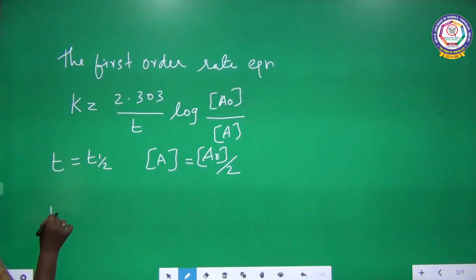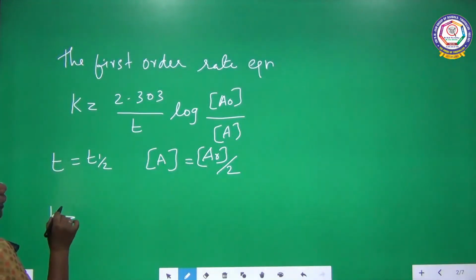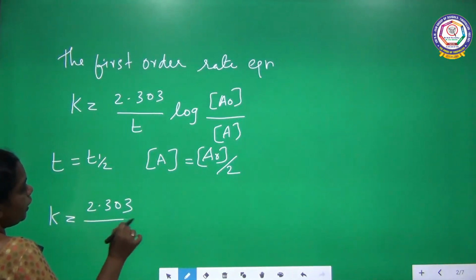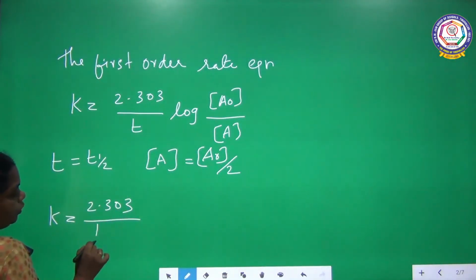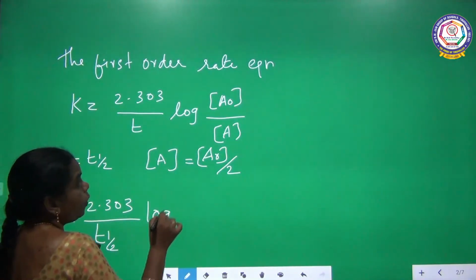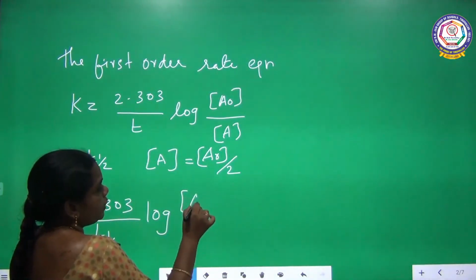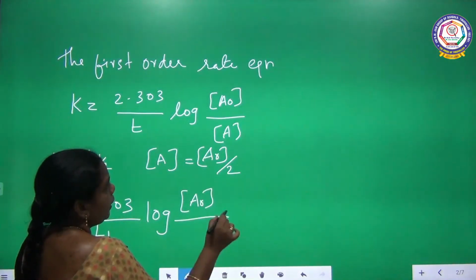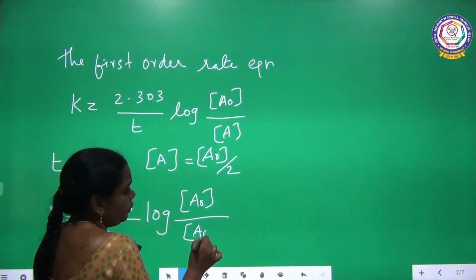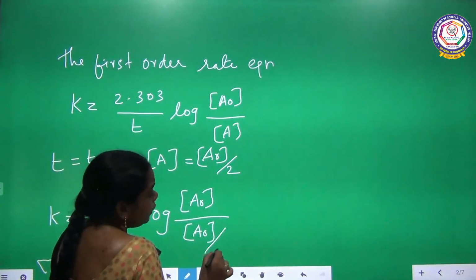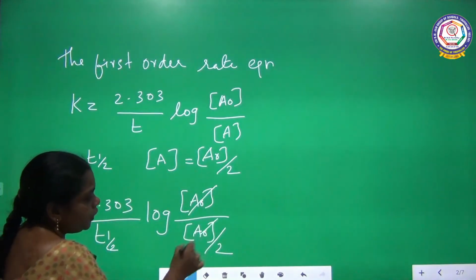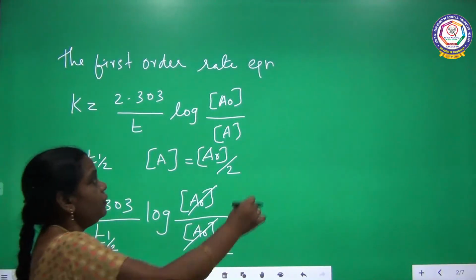Now, we are going to substitute the t value and the concentration of A value into the equation. So, now k equals 2.303 divided by t half, log of concentration of A0 divided by A0 by 2. Now, A0 gets cancelled.